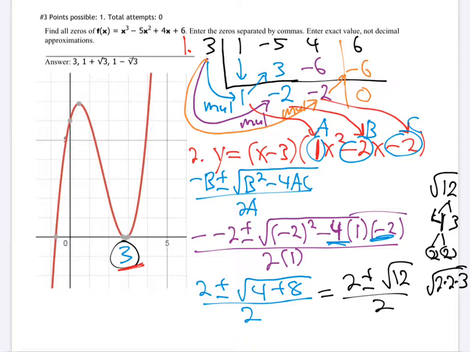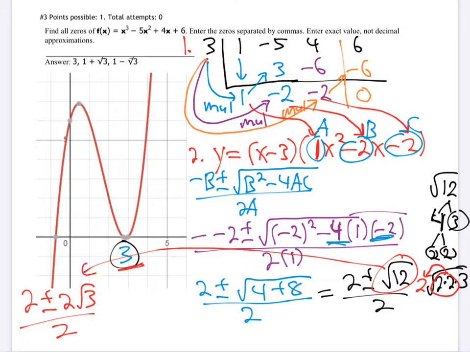Those are the pieces that make a 12. And then it's a 2-for-1 deal. So 2 2's in, send 1 2 out. So I'm going to bring this over here. This becomes 2 plus or minus 2 root 3 over 2. That root 12 becomes 2 root 3, doesn't it? 2 in, 1 out. All right?